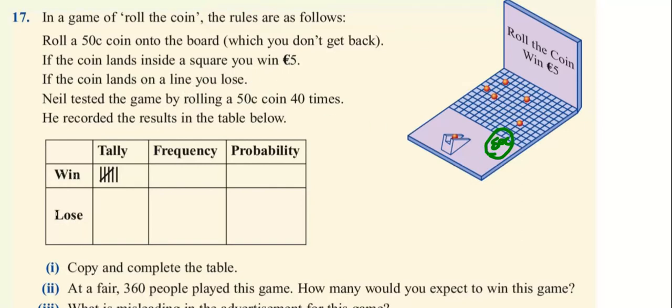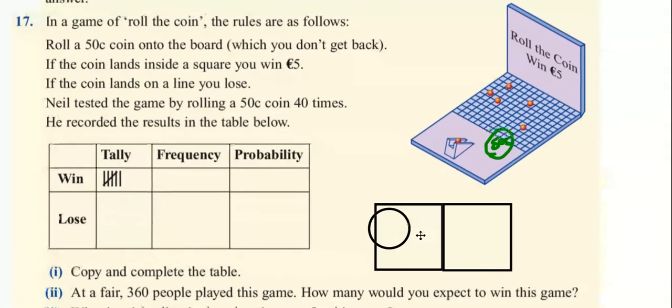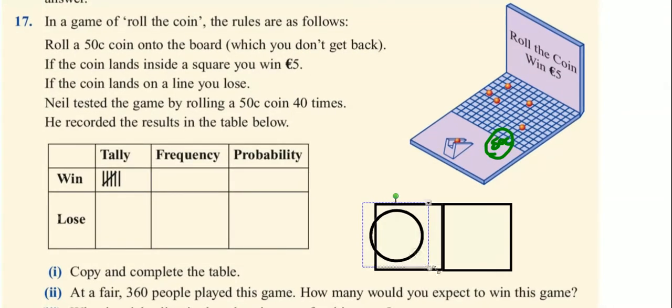Okay, I'm just trying to get that into my head. So if this is the squares, does that mean you have to be completely inside? So that would get me money, but that wouldn't. Well, it depends on how large you make the squares.